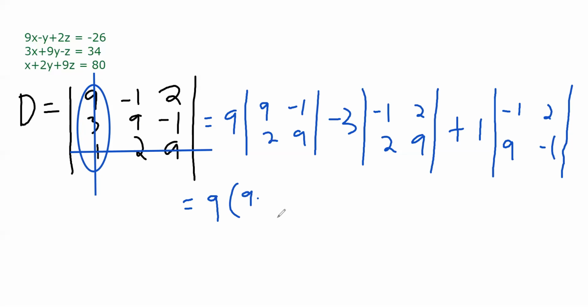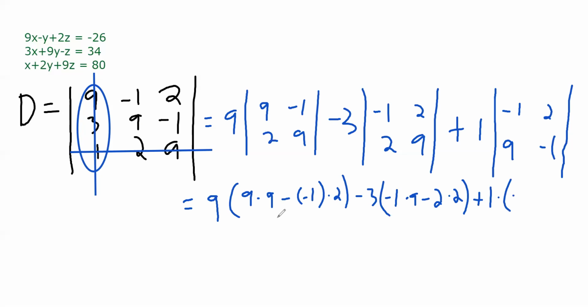So it's 9 times 9 minus -1 times 2, minus 3 times -1 times 9 minus 2 times 2, plus 1 times -1 times -1 minus 2 times 9. And so we're just going to have to be pretty sharp with little mini calculations here and there.